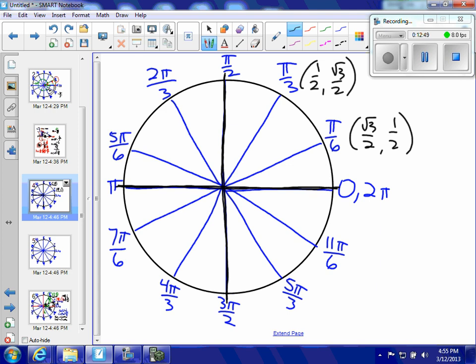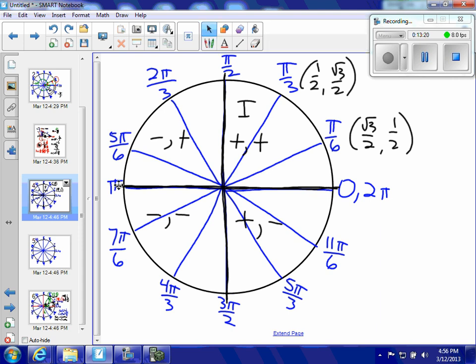In this quadrant here, quadrant number 1, I have positive x's and positive y's. In quadrant number 2, I have negative x's and positive y's. Quadrant number 3, I have negative x's and negative y's. And in quadrant number 4, I have positive x's and negative y's.